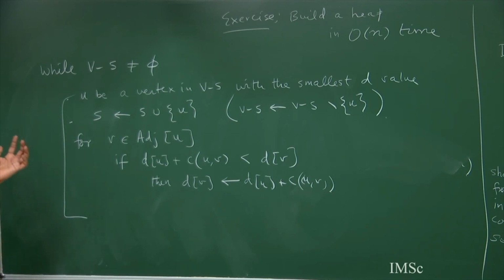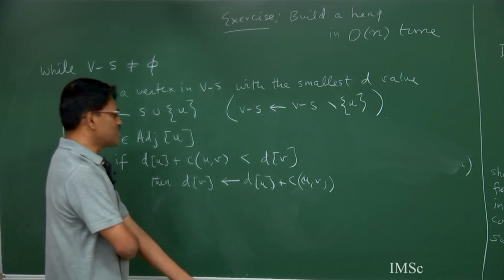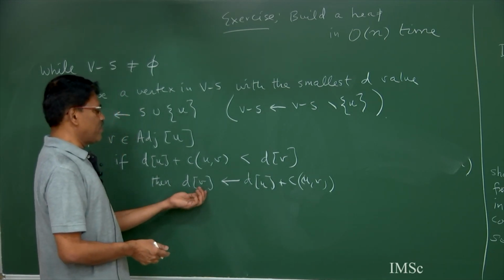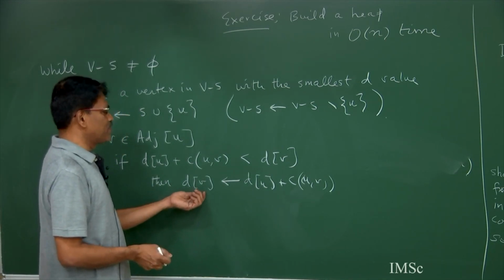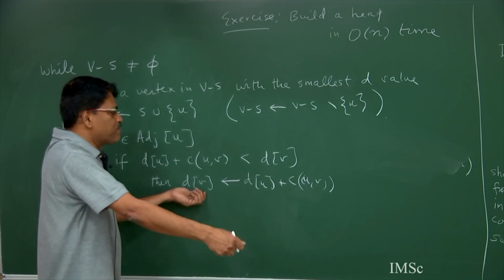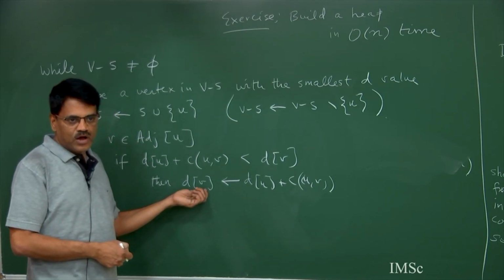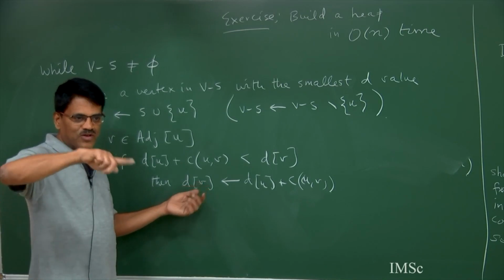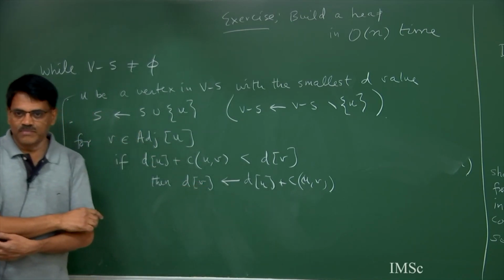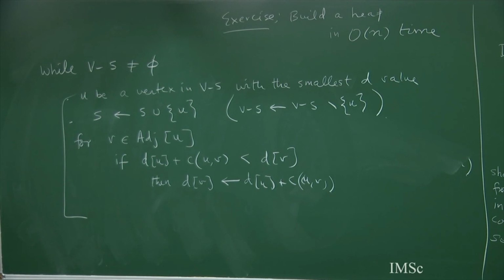The final d values will be the shortest path length, but you will also get the shortest path because you just remember whenever some d value is updated, who was my previous vertex which caused this update, then you can sort of retrace the path itself at the end.